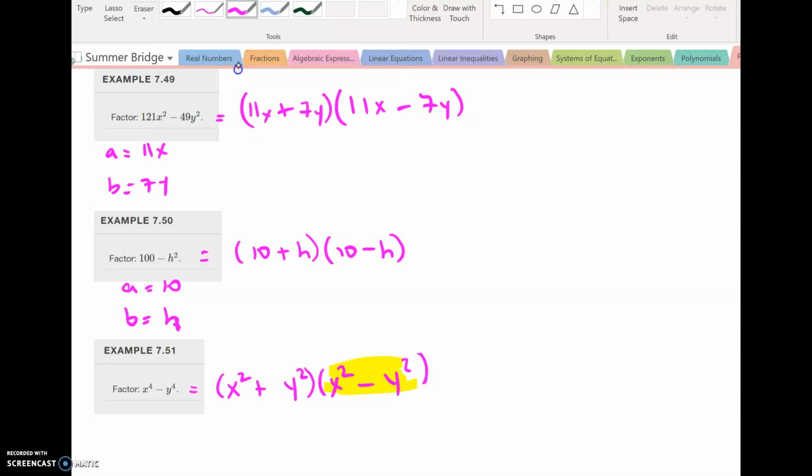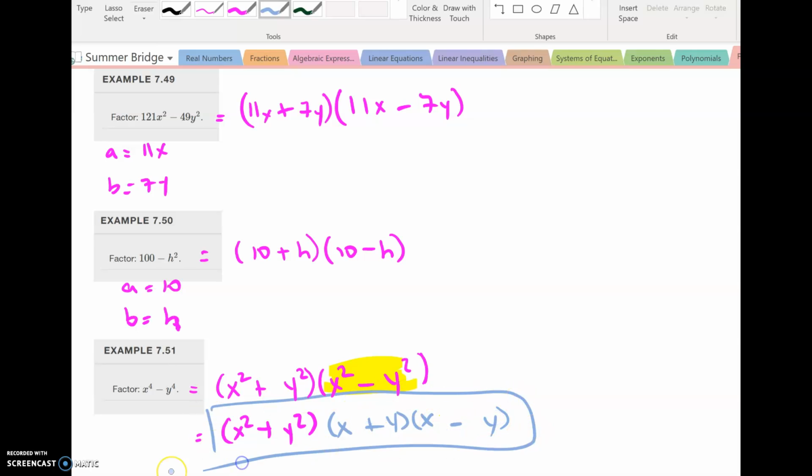So we're going to keep this first one, x squared plus y squared. But this next one, we're going to break up even further, because the square root of x squared is x, and the square root of y squared is y. One's plus, one's minus. And now we have completely factored this out.